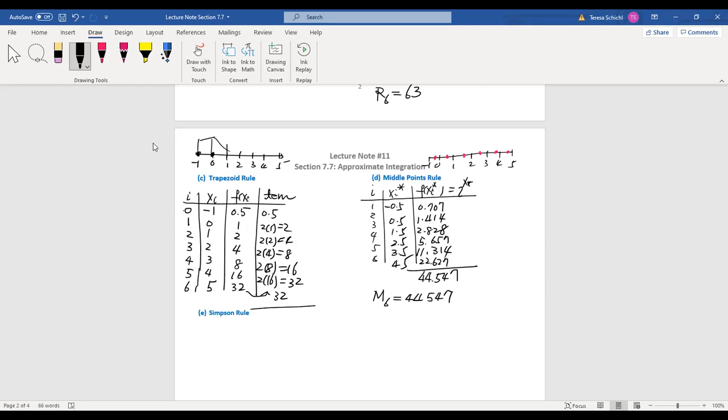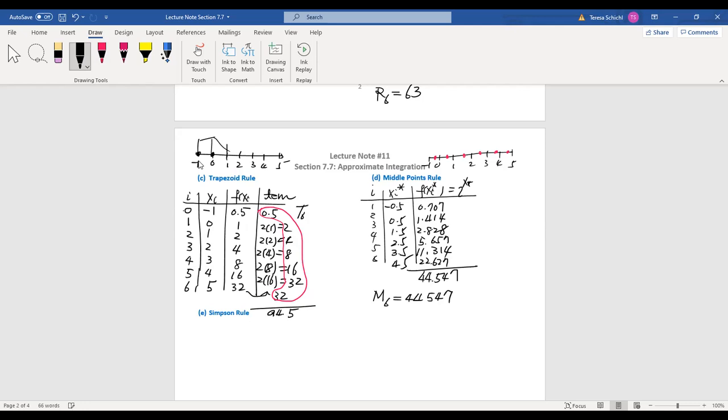See here. Then when you add those numbers together, this will be 94.5. So now I plug into the trapezoid.